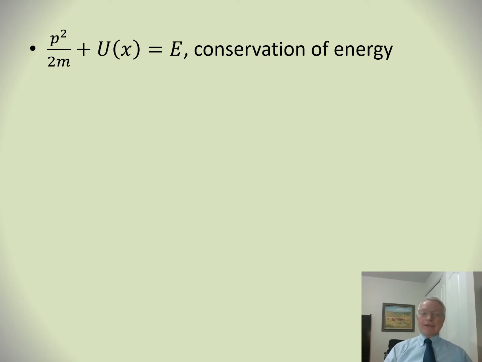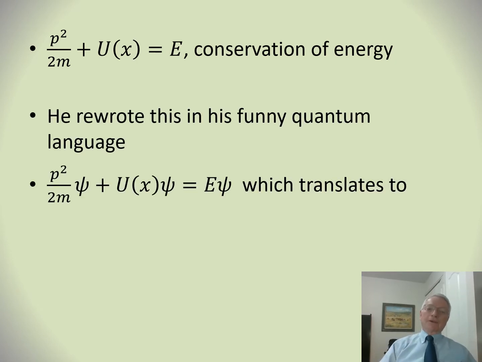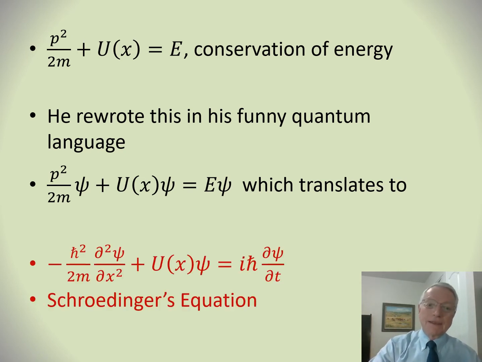And this is how Schrodinger then proceeded. He took energy conservation, p squared over 2m, plus u of x equals E. That's conservation of energy. You rewrite it in his funny quantum language by putting these psi's in here. And then you replace p and E with derivatives in space and time. And you get this equation. This is Schrodinger's equation.